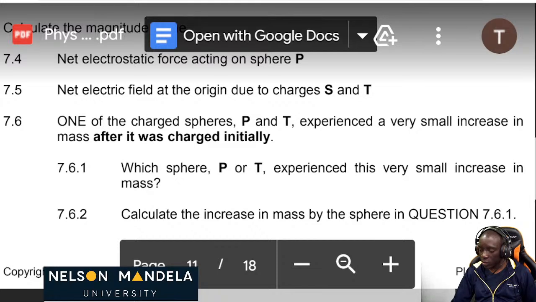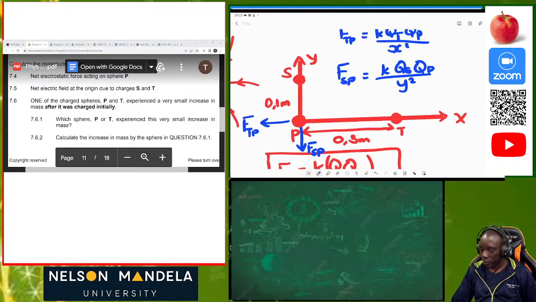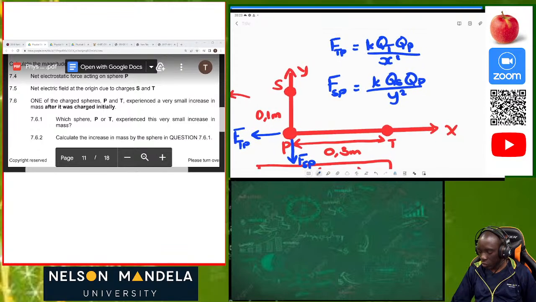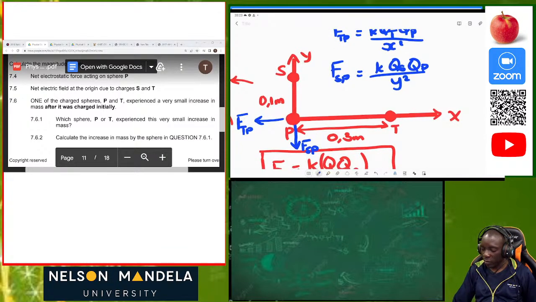So now we need to substitute and find the value of each of these two forces. So we have FTP and FSP. FTP is the force from T acting on P and is to the left. FSP is from sphere S onto sphere P, and it's a downward force.